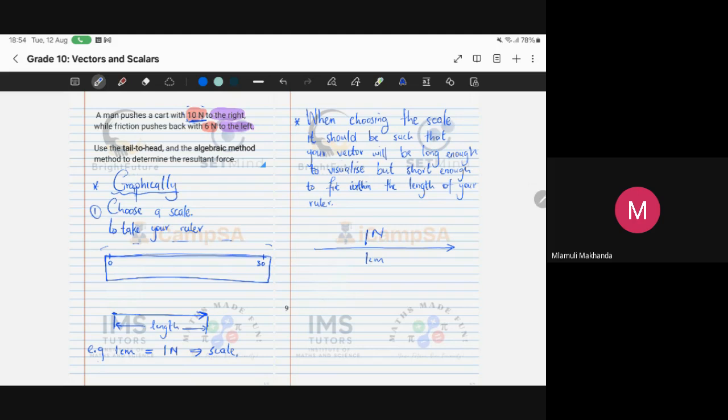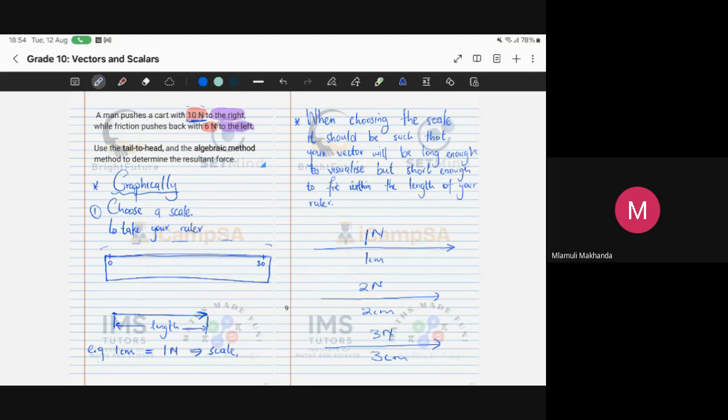If you draw a vector that is 2 centimeters, you would have 2 newtons. If you draw 3 centimeters, you would have 3 newtons. So this scale is easy to work with because it is 1 to 1. For every 1 centimeter, I have 1 newton.